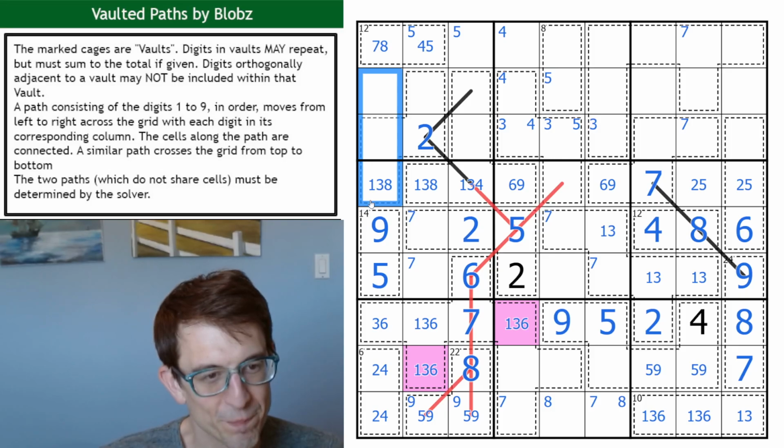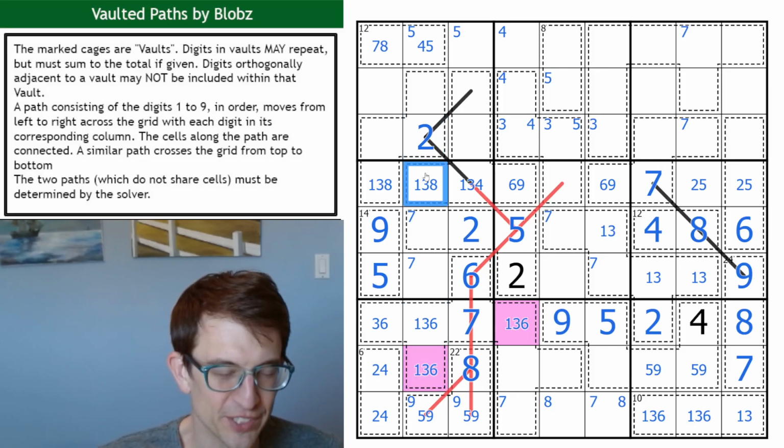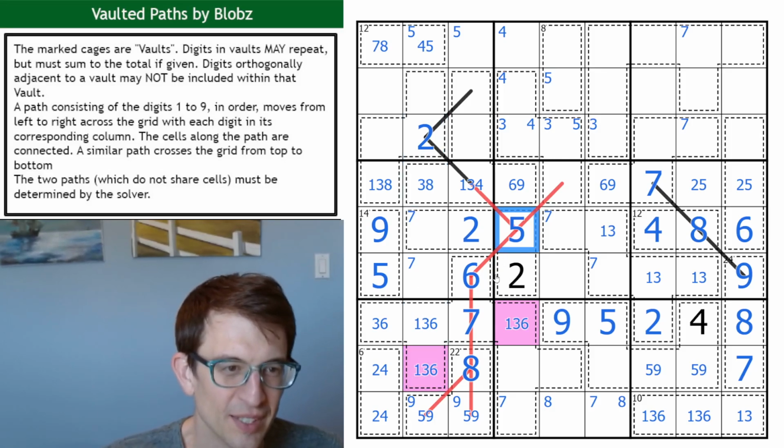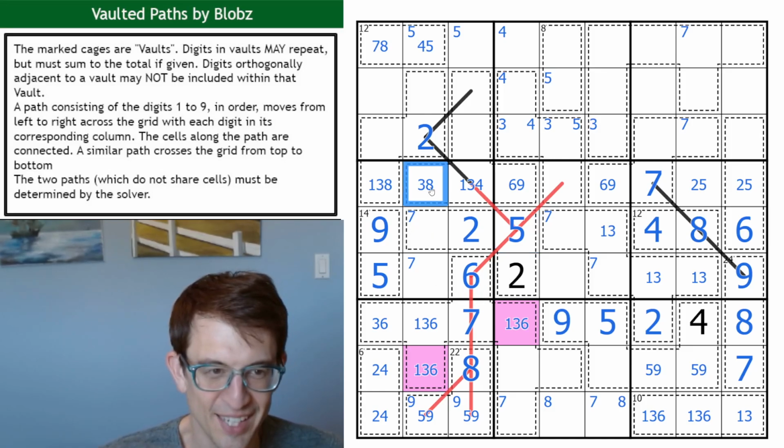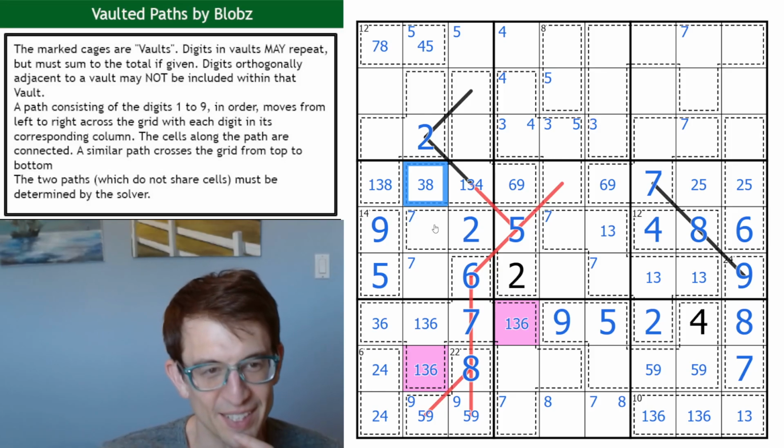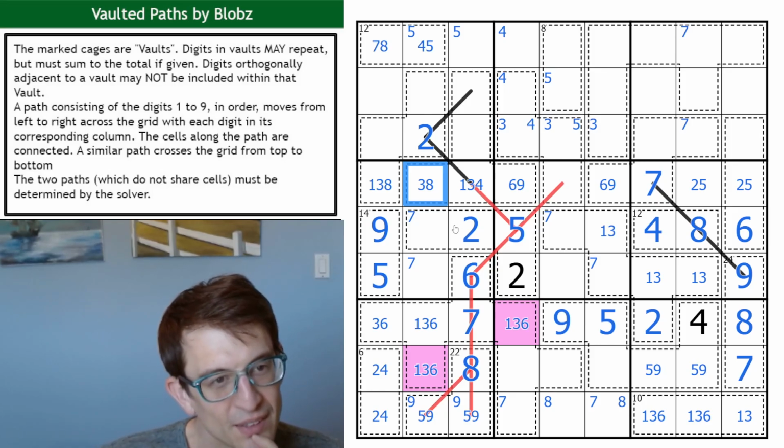Ones. Hold on, hold on. I have a 1 here for sure, so that's not 1. Can I get rid of either of the other digits here? If this is 3, 3 here, 3 here.